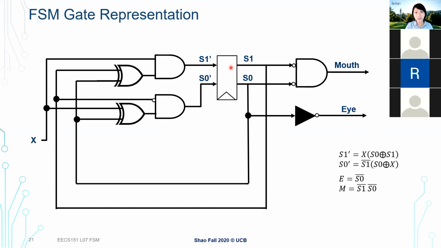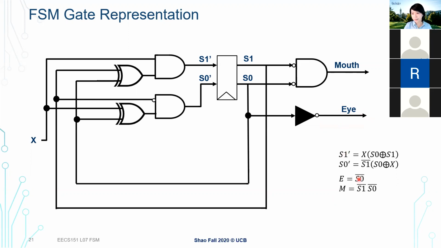One is used to represent the output based on our current state. So that's basically this part of my design, right? Based on the current state, S0 and S1, we will have different externally visible output of my cat FSM. It's either whether the cat's mouth is open or closed, or whether the eyes of the cat are open or closed.